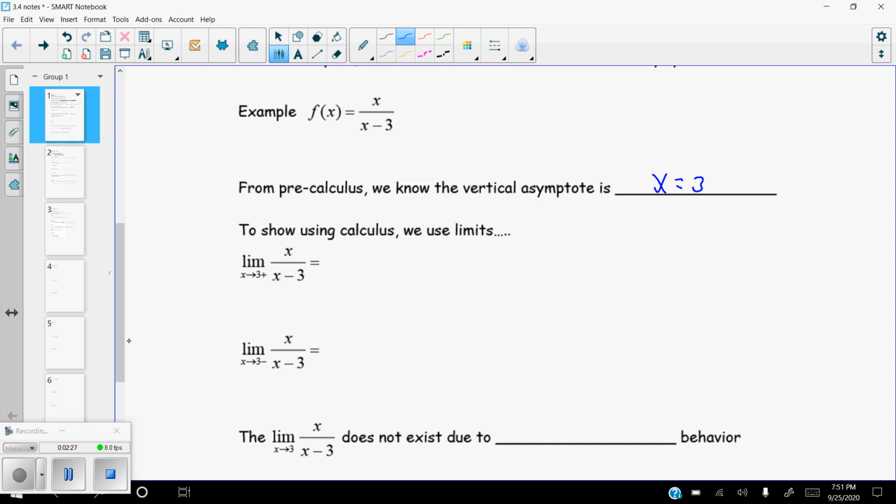The reason I'm doing this is I'm bringing up something which is called sign analysis. We're actually going to analyze the signs, not as in the sine trig function, but the positive and negative signs. So hopefully you can figure this out. If we took a number that is approaching 3 from the right-hand side of 3, remember, we want that number to be really, really close to 3.